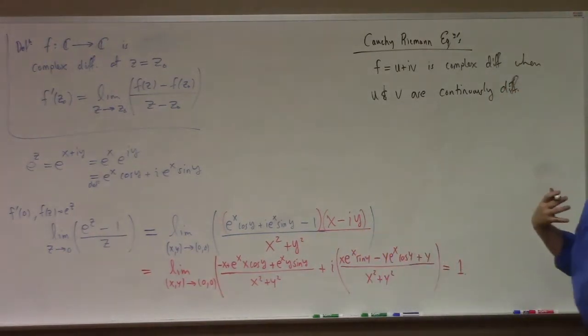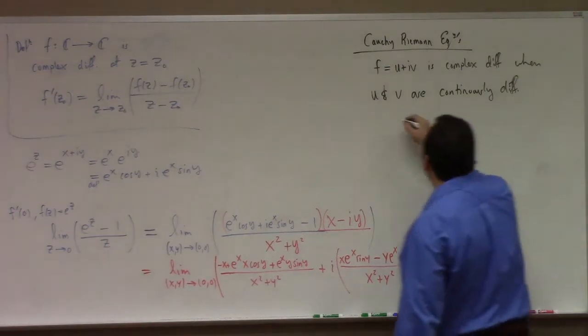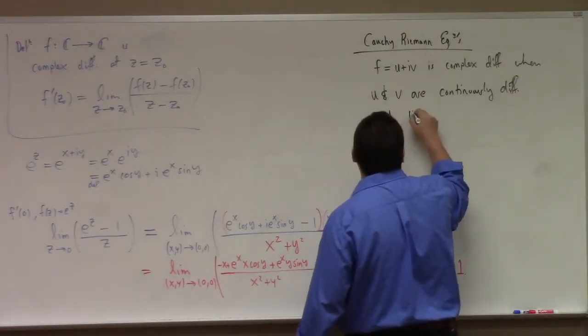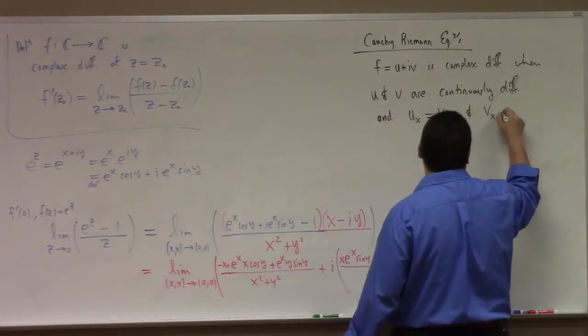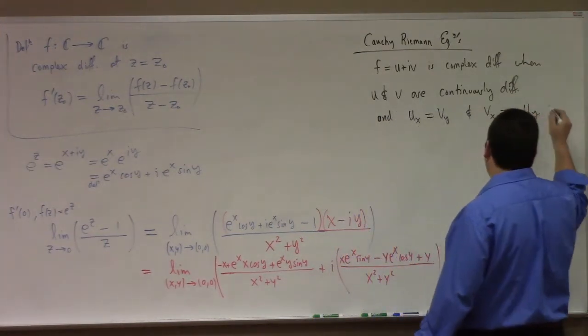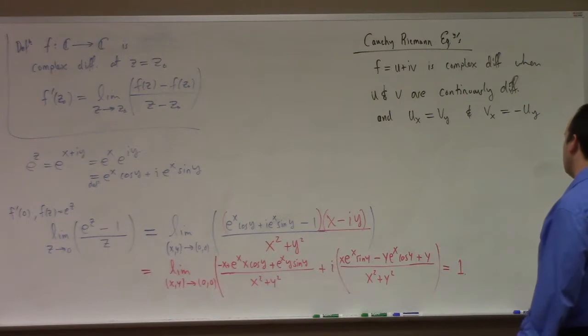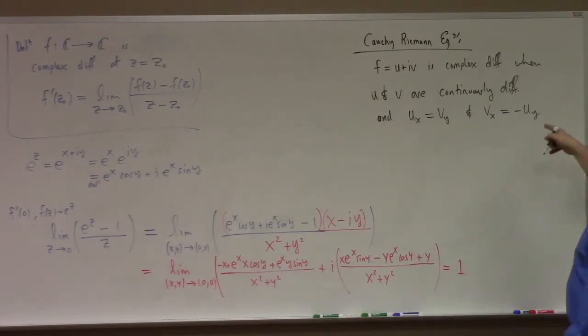In other words, you can calculate partial derivatives of them, and the partial derivatives are also nice. They're continuous functions, all right? And u_x is equal to v_y, and v_x is equal to minus u_y. So these are partial derivatives, okay?